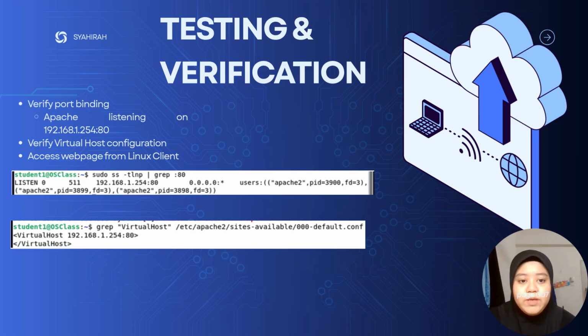I also verified that Apache was listening on 192.168.1.254:80 and confirmed that the virtual host configuration matched the internal IP address. Finally, I accessed the web page from the Linux client and the web page was displayed successfully. This showed the communication between the client and server was successful.